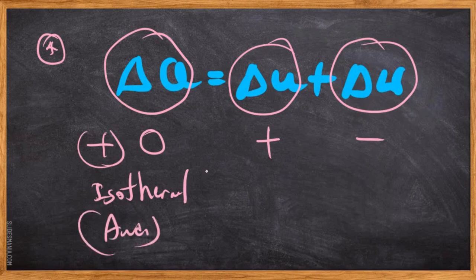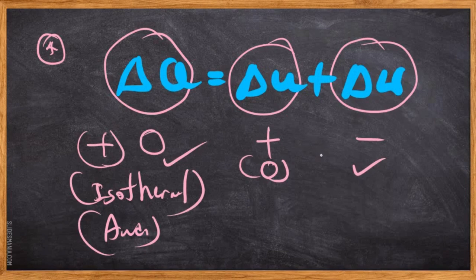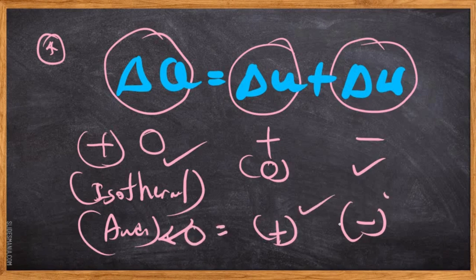If it's isothermal, delta U has to be 0 and the other two values will be equal. If it's adiabatic, delta Q has to be 0, so the other two, either plus minus or minus plus, have to cancel off. These are the points we need to consider in the fourth question model.